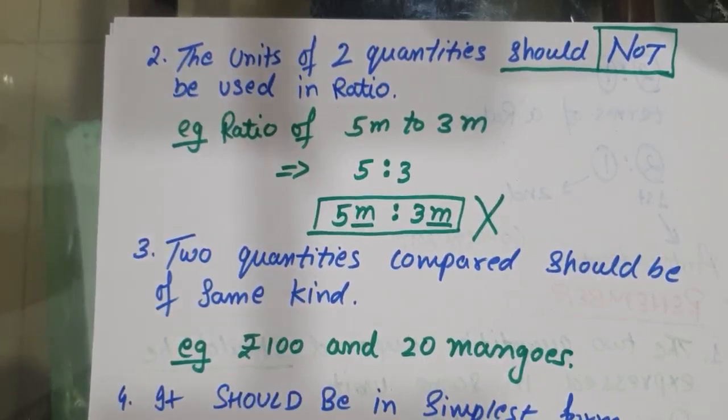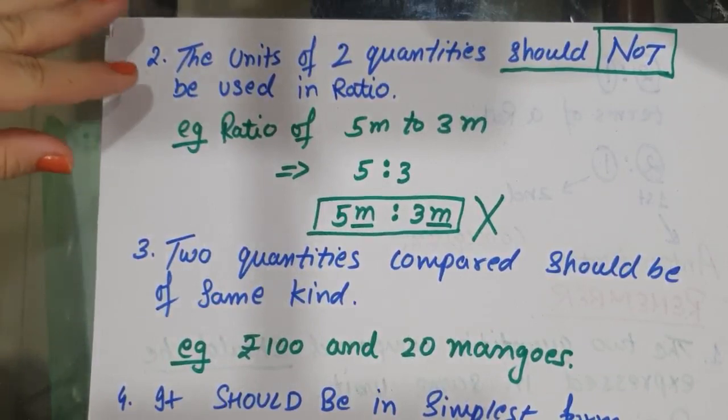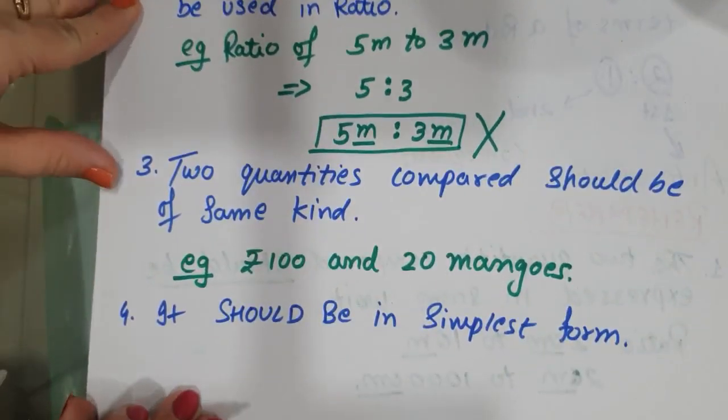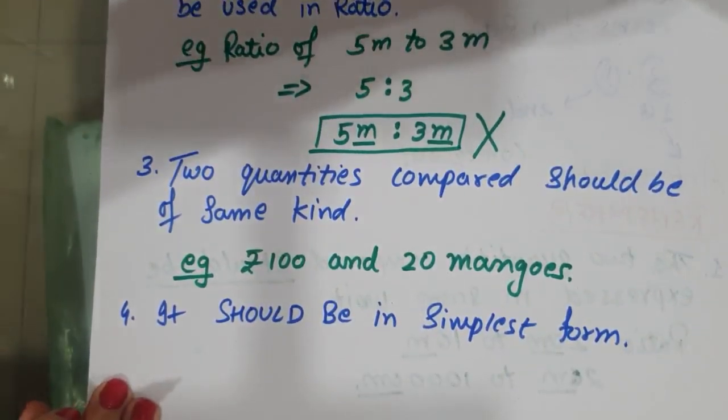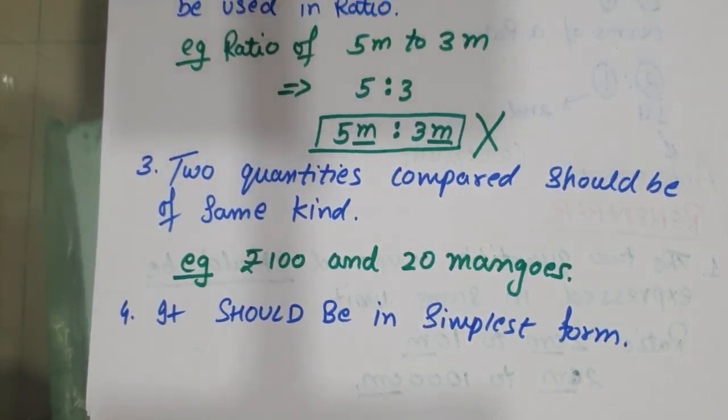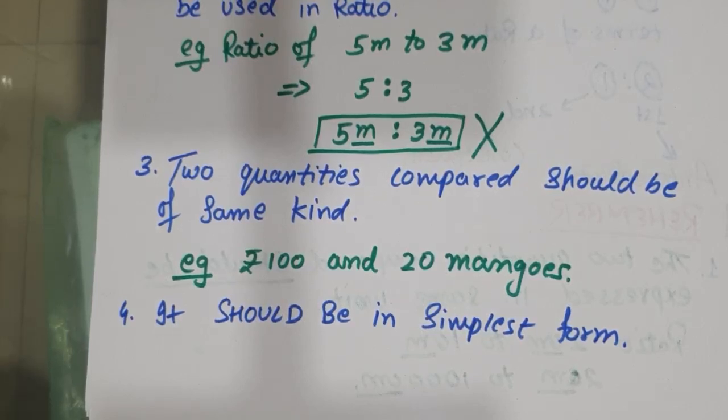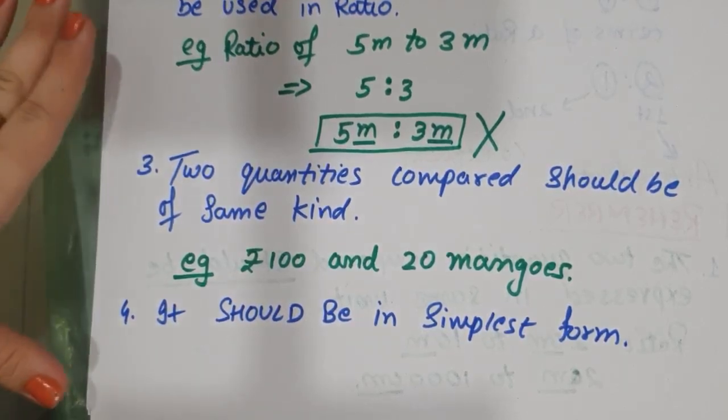Last but not the least, it should be in the simplest form. Simplest form means the lowest form. The maximum cutting that you can do should be done in writing the ratio.